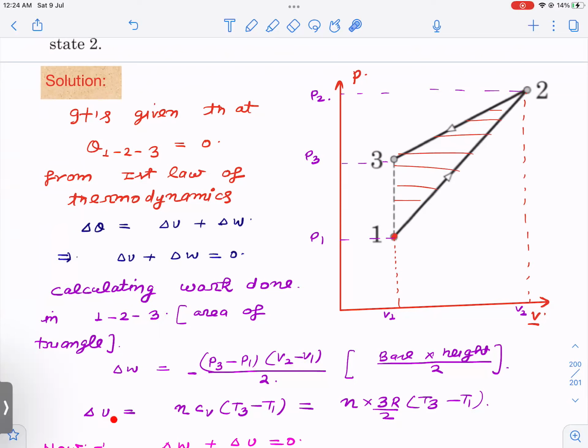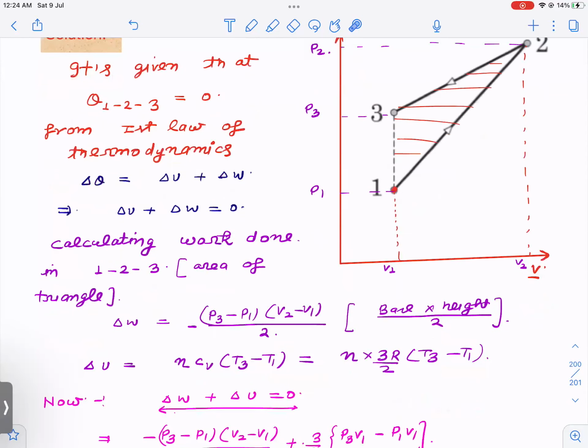Then delta U is very simple: n Cv delta T. Helium is a monatomic gas, so it is n times 3R by 2 times T3 minus T1. Now I'm going to equate delta U plus delta W to 0.